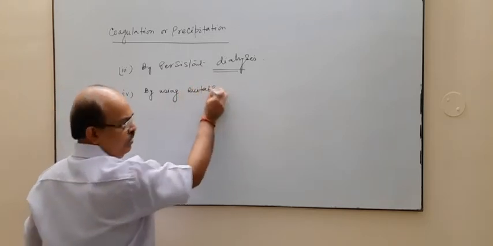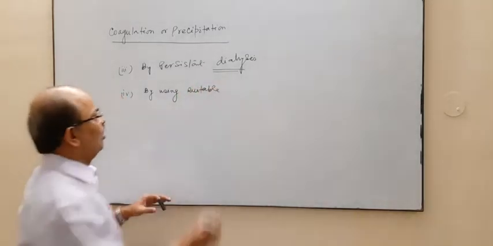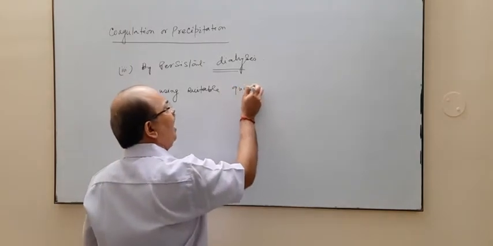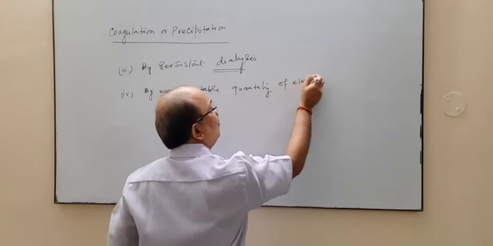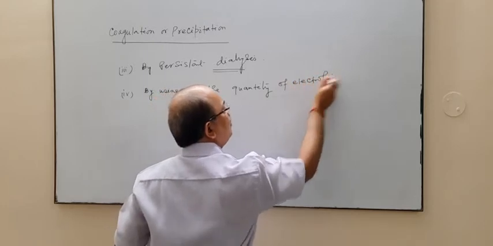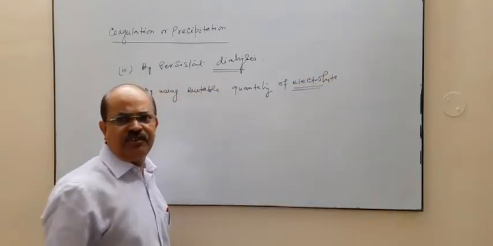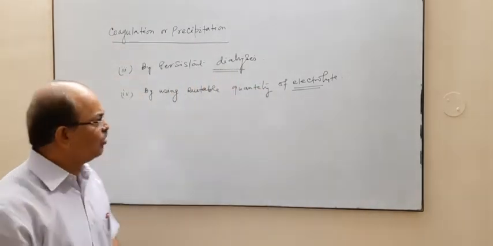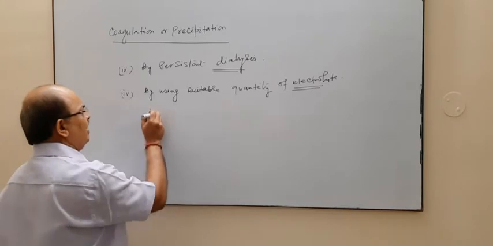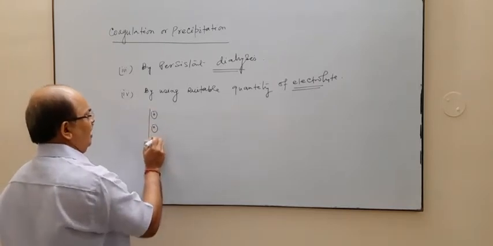suitable quantity of electrolyte. By using a suitable quantity of electrolyte. For example, suppose your colloidal particle is positively charged.